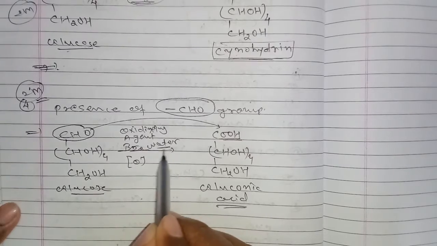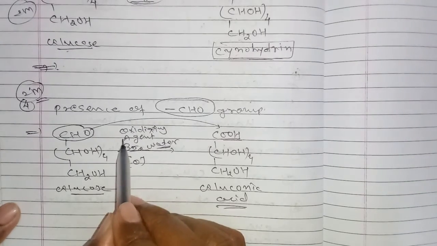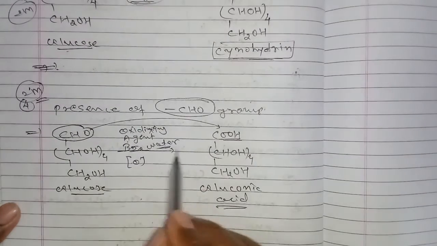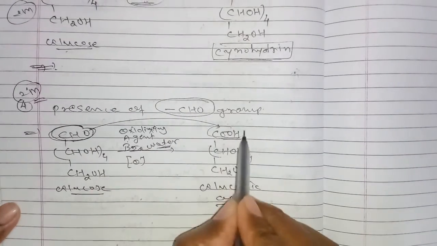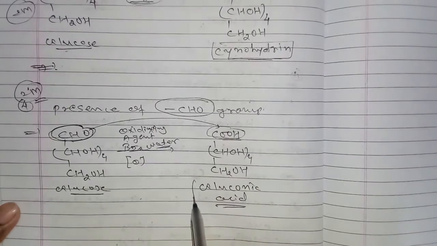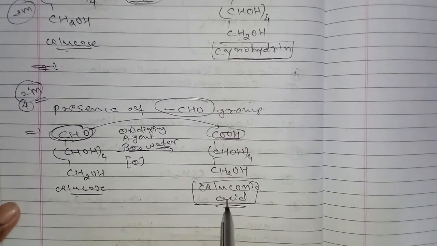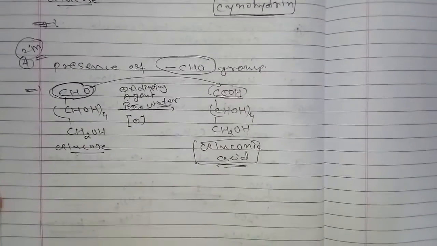Bromine water is a weak oxidizing agent that oxidizes the aldehyde group to a carboxylic group, glucose to gluconic acid.